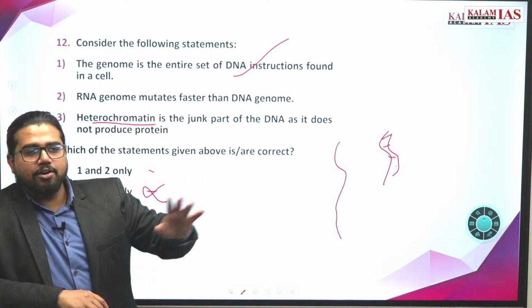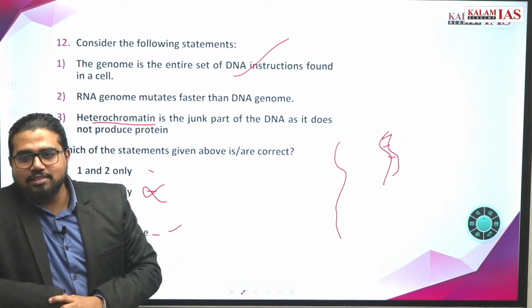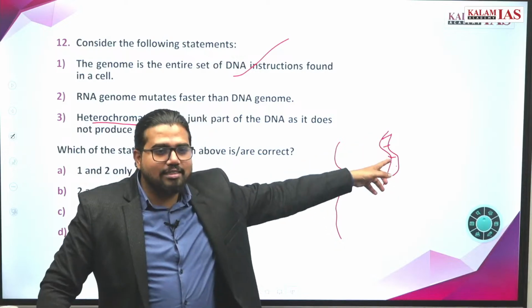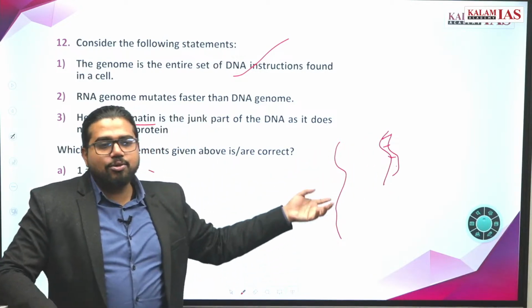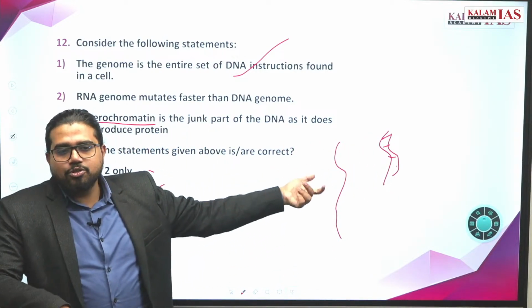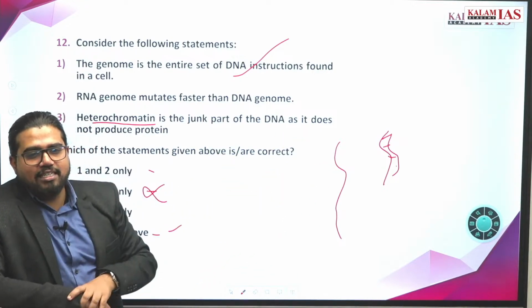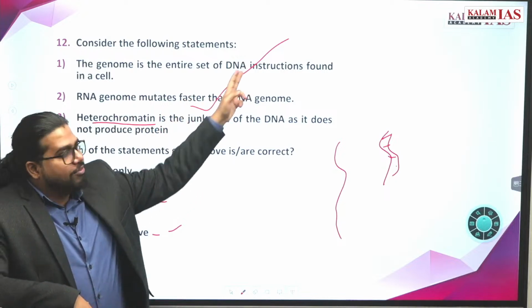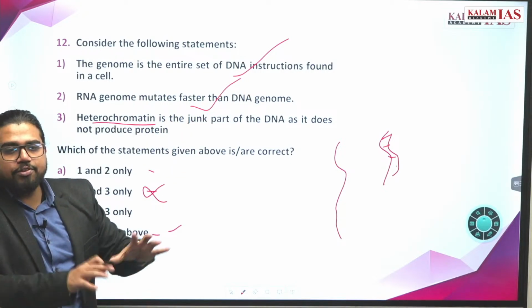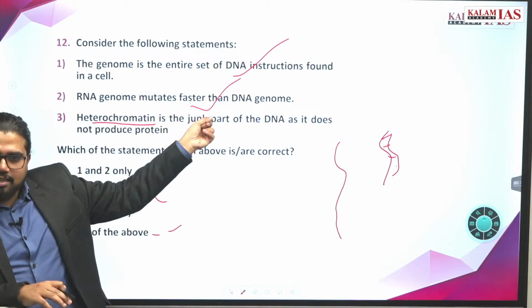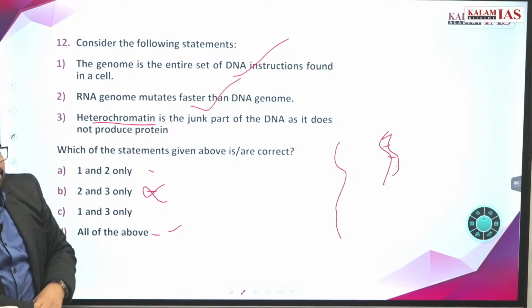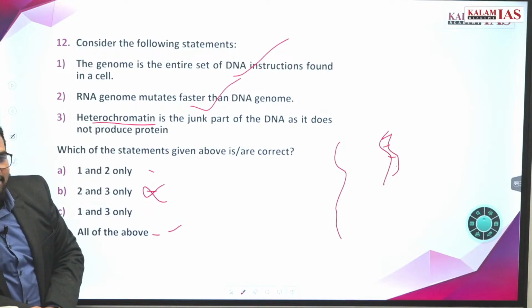It's not that it cannot mutate fast. There is a possibility of this. Single strand means it is less structured, so there is more possibility and ease of changing it. So statement 2 also looks very much correct. Even if you don't know the exact idea, you can still go with the logic that statement 2 can possibly be correct. Now what about statement 3?